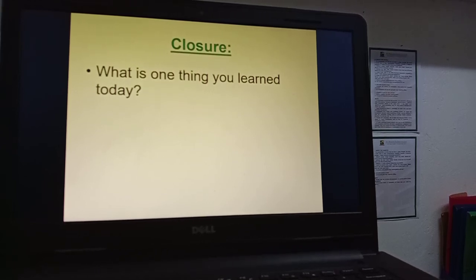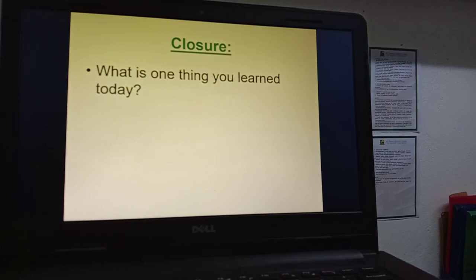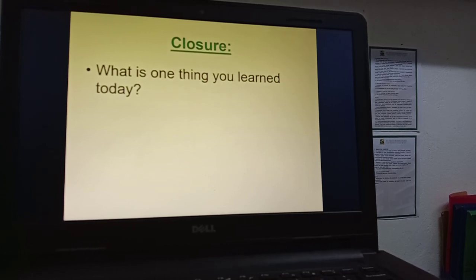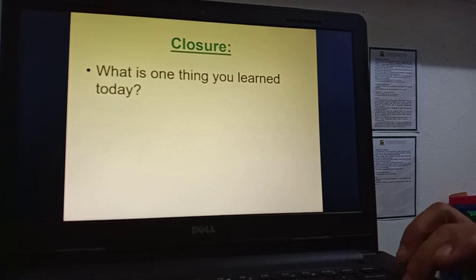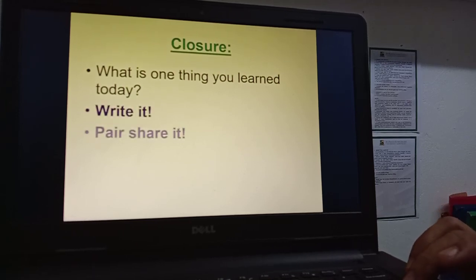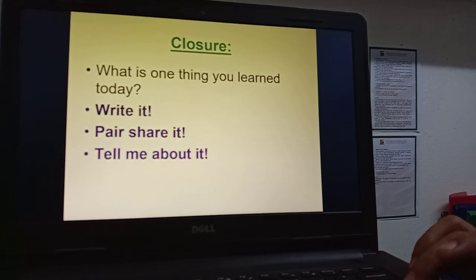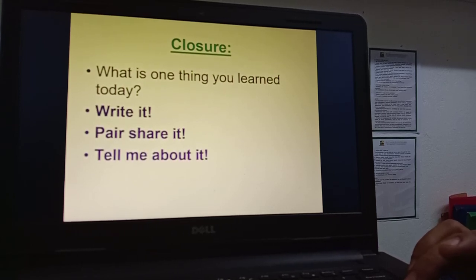This is think, pair, and share. Write it, share it, and tell me about it. Write it, pair it, tell me about it. That is for activity 1.